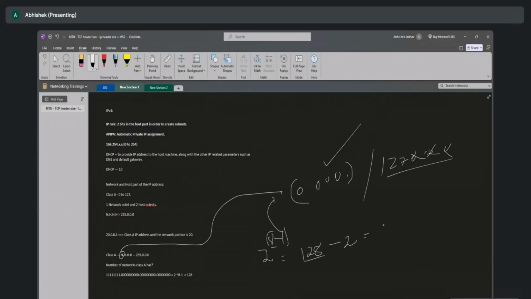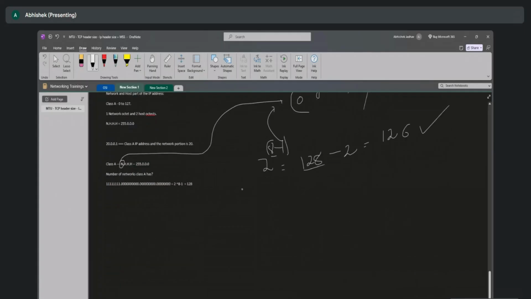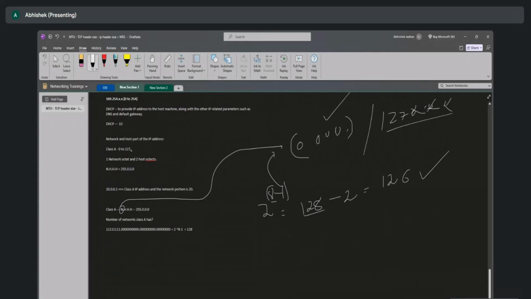So the overall number of networks we will have in class A is 126, right? I know it will be a little confusing, but once we complete all three classes of IPs, you will get a clear understanding of how we are calculating this and why we are subtracting this. And obviously, if you have any doubts, you can ask me questions once we are done with all three classes of IPs, right?